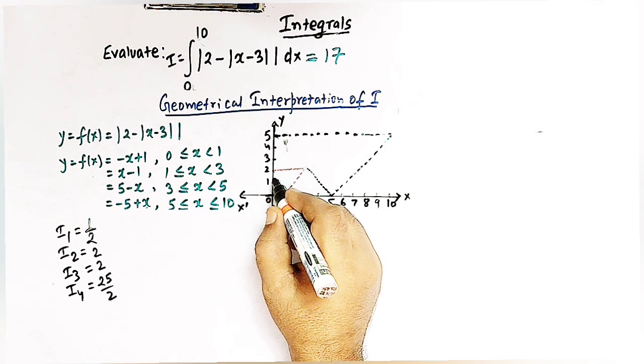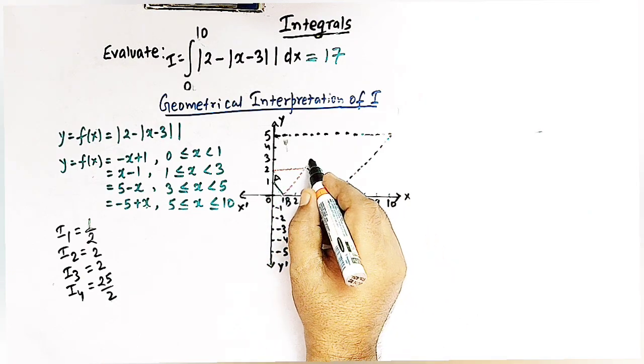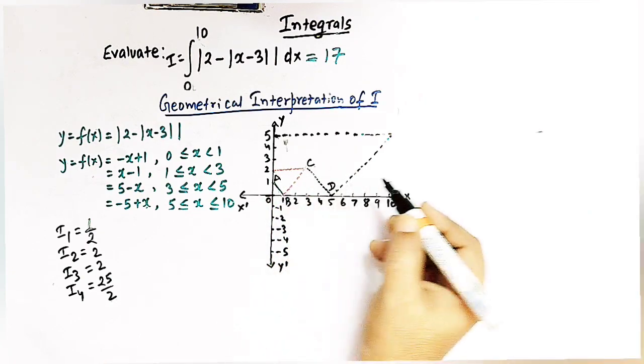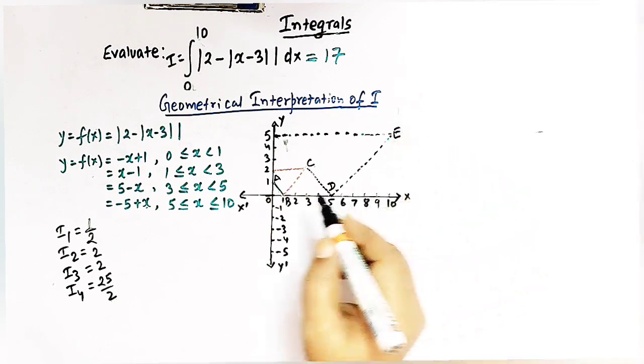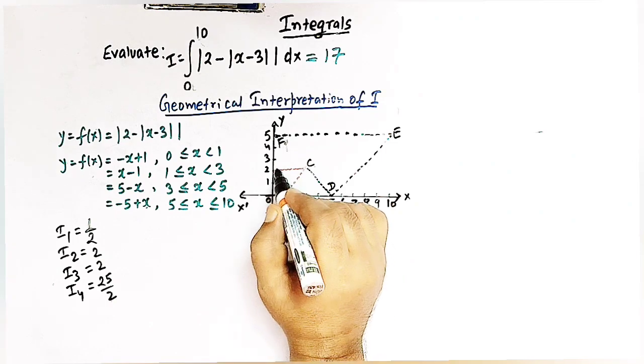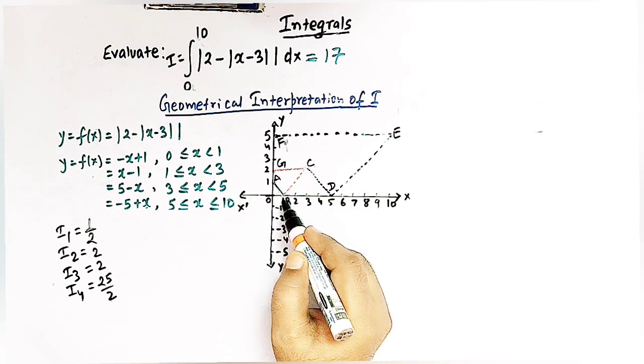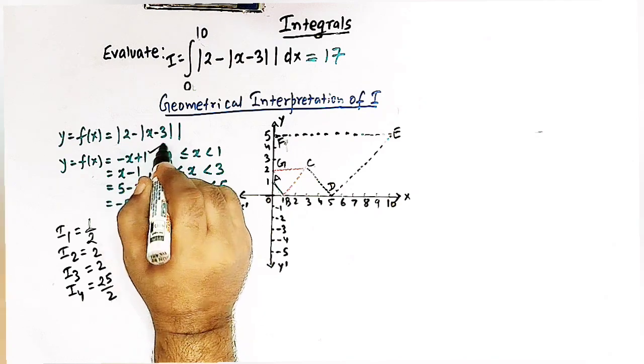So now let us call this point A, this is point B, this is C, this is D, and this is E, this point is say F, and this point is G, right? So the line AB is given by this equation.